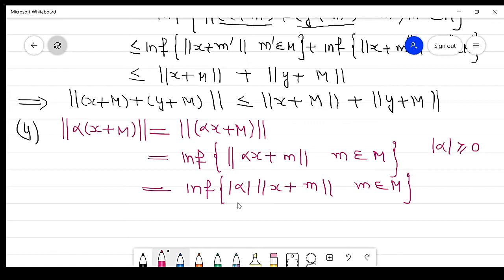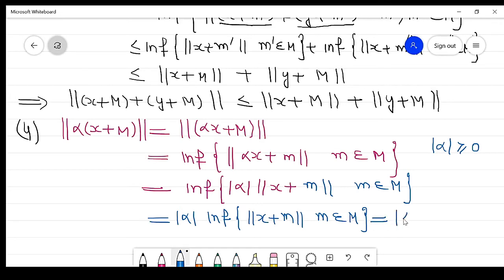If a positive number is taken outside the infimum, this will be the absolute value of alpha times the infimum of the norm of x plus m such that m belongs to capital M. This value is the absolute value of alpha into the norm of x plus M. So this is the fourth property of a norm.